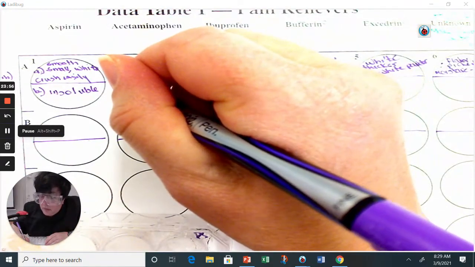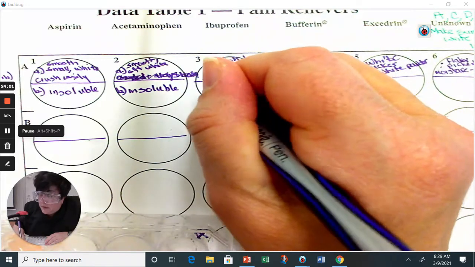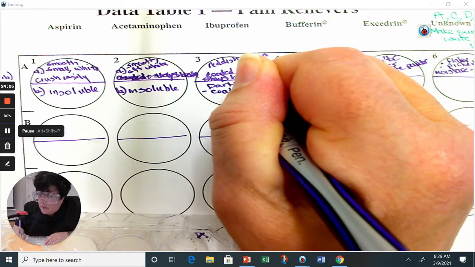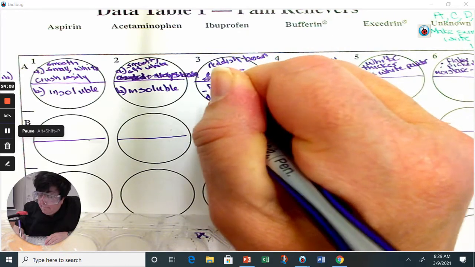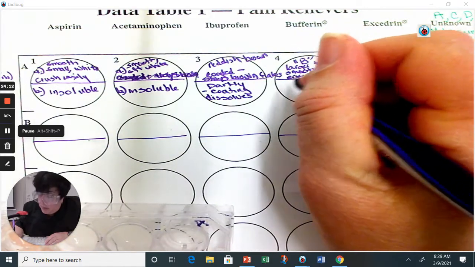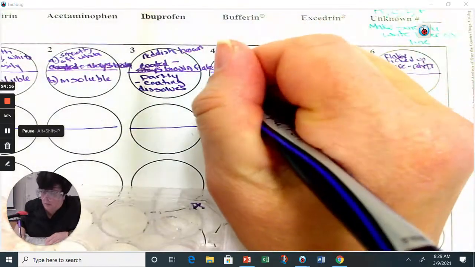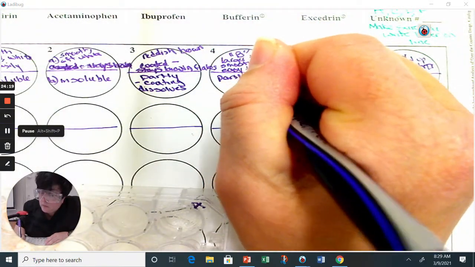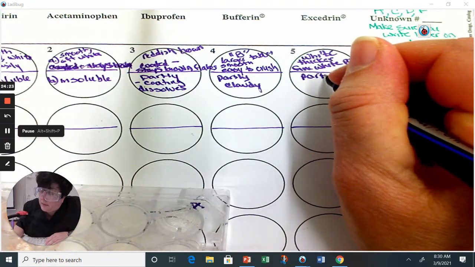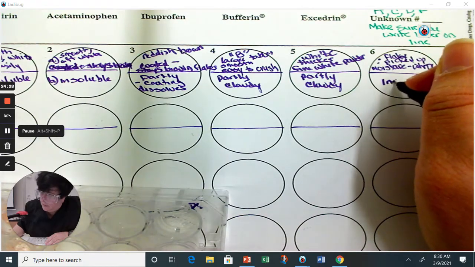B, insoluble. This one's partly. The coating dissolves. This is partly, it gets cloudy. This is also partly, it gets cloudy. And this is insoluble.